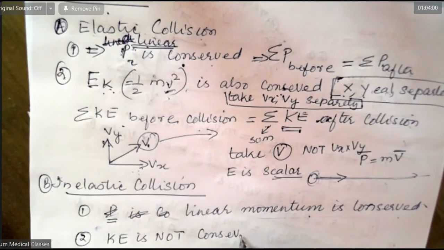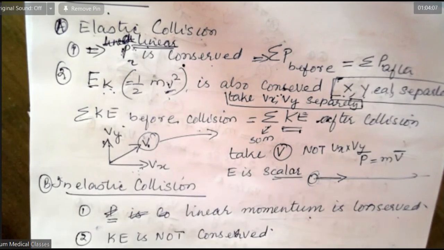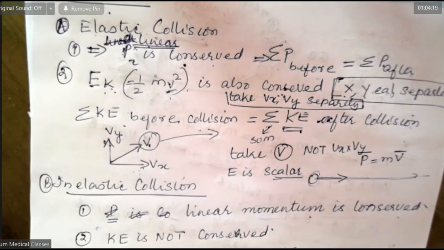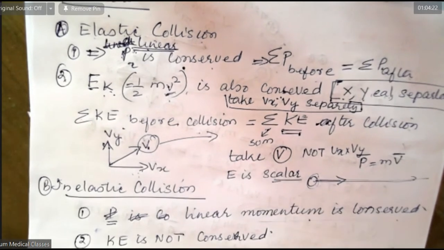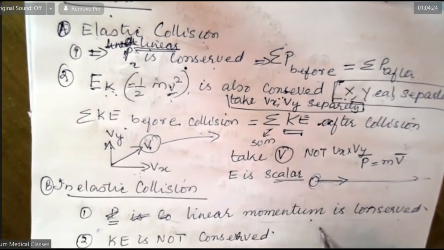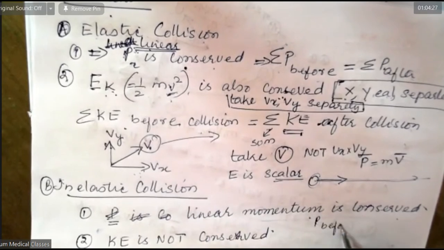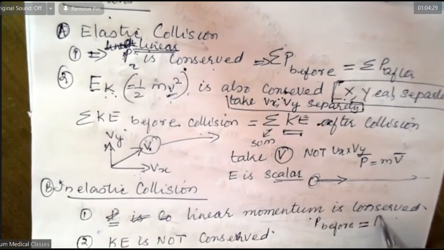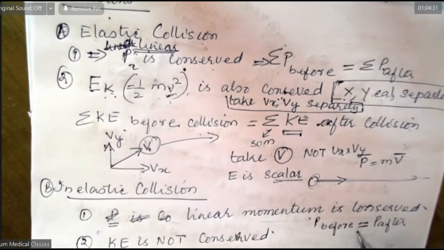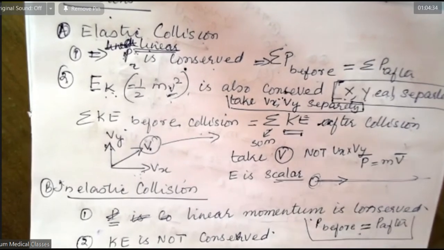What do you mean by not conserved? Kinetic energy before is not equal to kinetic energy after. If it is conserved, P before is equal to P after. Not conserved means they are different.